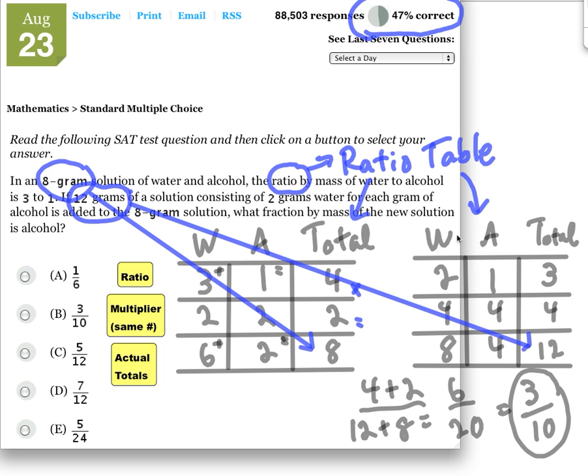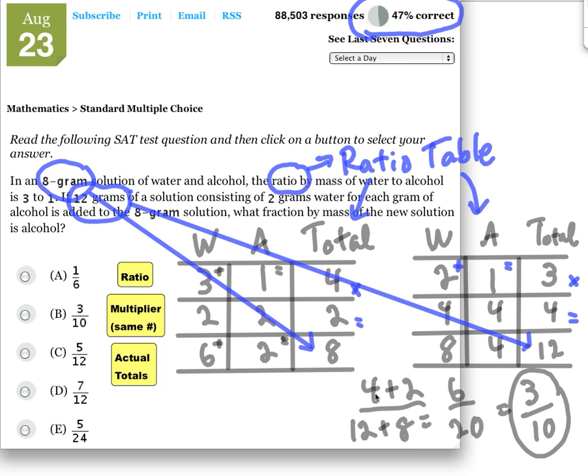In this case, the ratio of water to alcohol is no longer 3:1, but 2:1. So the total is 3, right? And the 12 is our total, so 3 times what equals 12? Well, 3 times 4 equals 12. So since it's the same number all the way across, I write 4 all the way across the column. 1 times 4 is 4, 2 times 4 is 8.